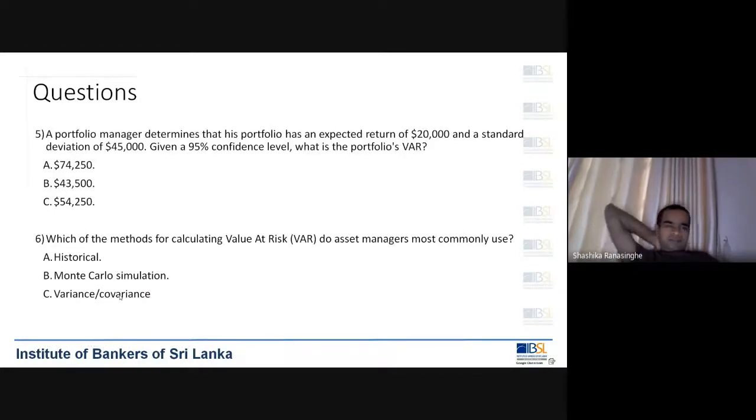Question number 5. The portfolio manager determines that his portfolio has an expected return of $20,000 and a standard deviation of $45,000. Given 95% confidence level, what is the portfolio value at risk? Again, analytical value at risk.